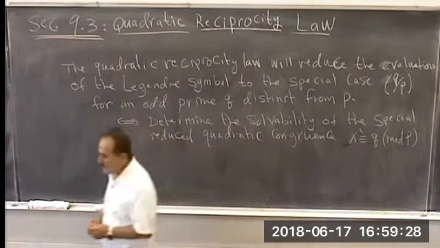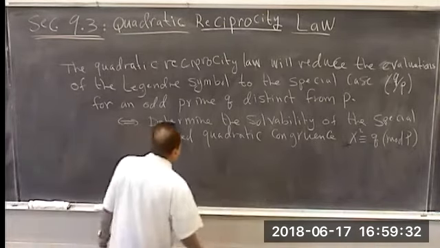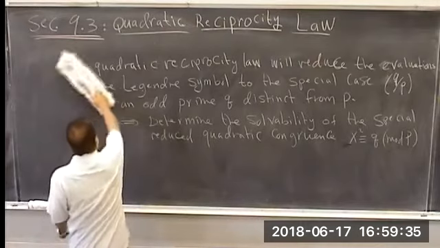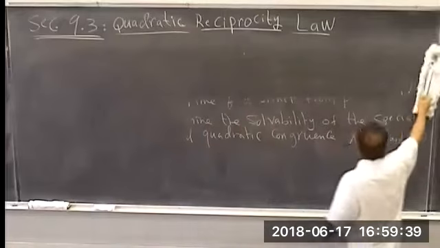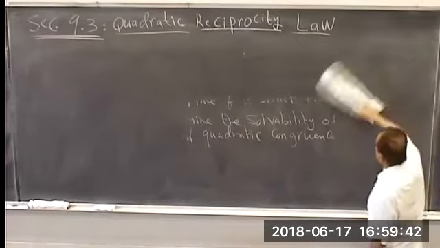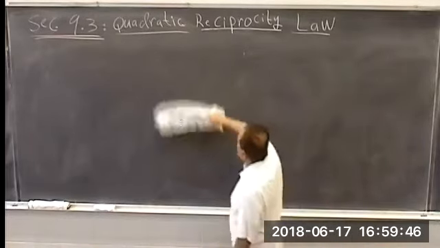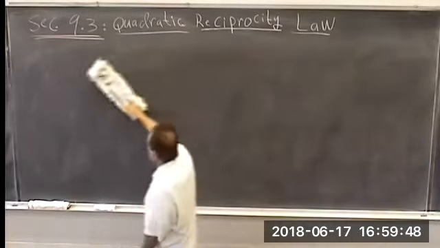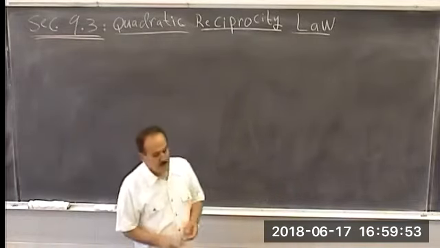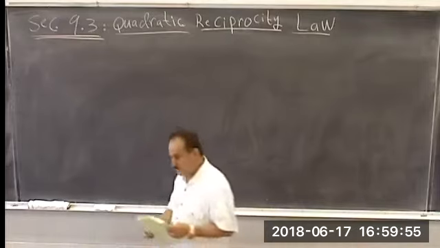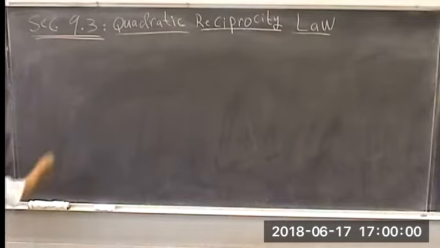Now, in this form, using quadratic reciprocity as a solvability criterion, I'm going to put the statement of the quadratic reciprocity law in this form. Okay, so here is the theorem. By the way, this theorem is not stated actually in the book, but it's nice to have it. Okay, and here it is.